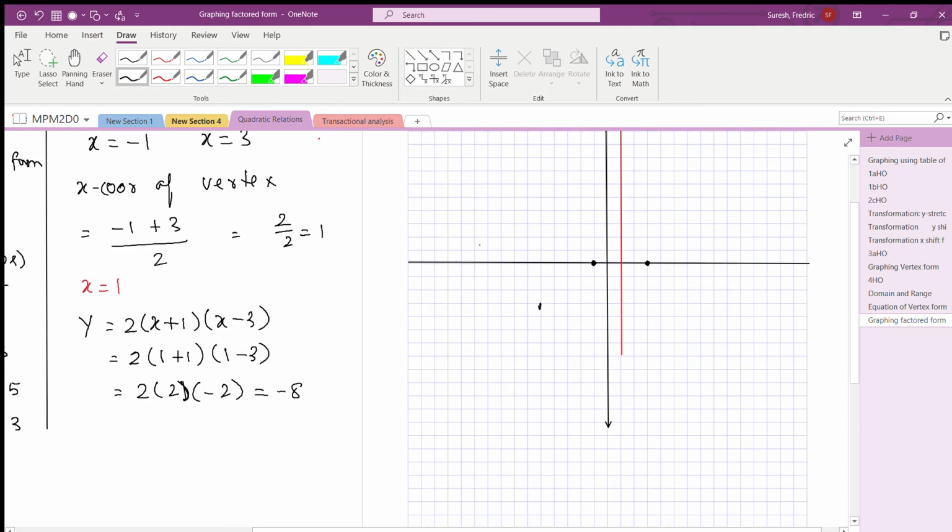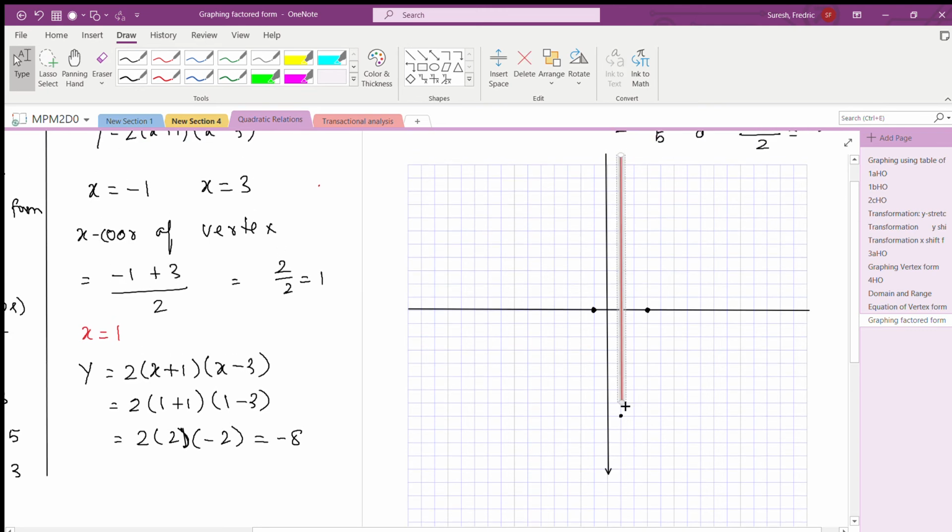So going back here on my graph, all I have to do is go down to negative 8 and then plot my point. 1, 2, 3, 4, 5, 6, 7, 8. Okay, I need to extend my vertex line a bit more. Here we go. So now I have 3 points, and if I join them, I'll get a parabola, but I can do better than that.